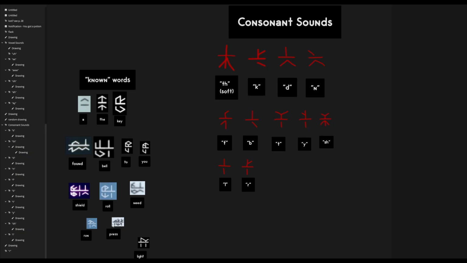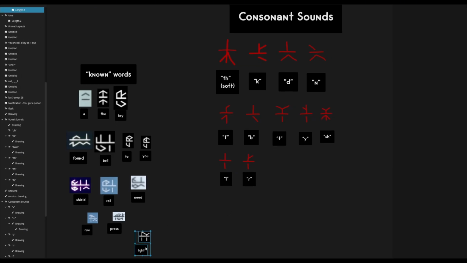P is an interesting one. P-R. S. Yeah, I see it. I can see it. This is so good. It's so good. I love that they did this in this game.